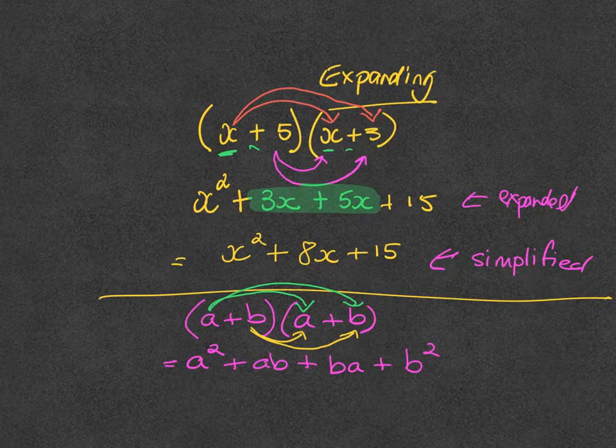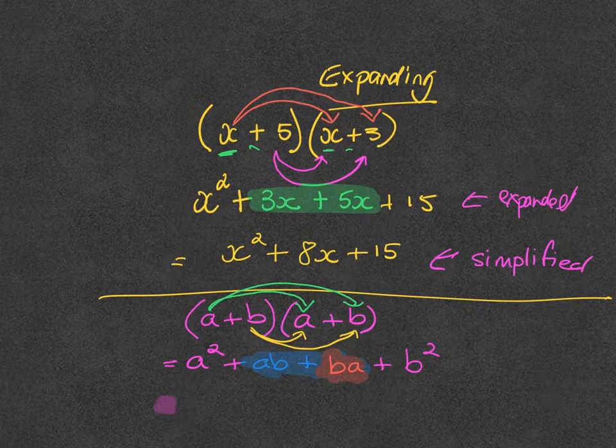Just like before, we want to find some like terms. So in this case, we have AB and BA. Okay, the fact that this one is written the other way makes no difference in this case, because A times B or B times A essentially is the same answer. So how are we going to simplify that?